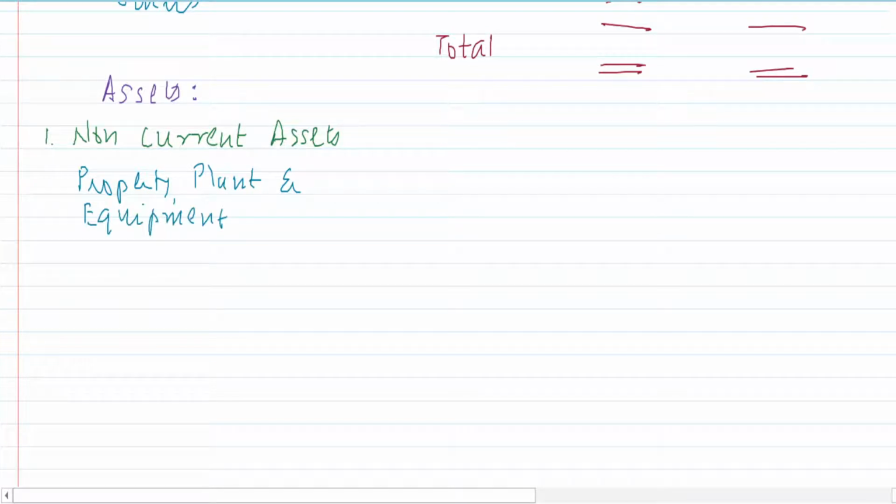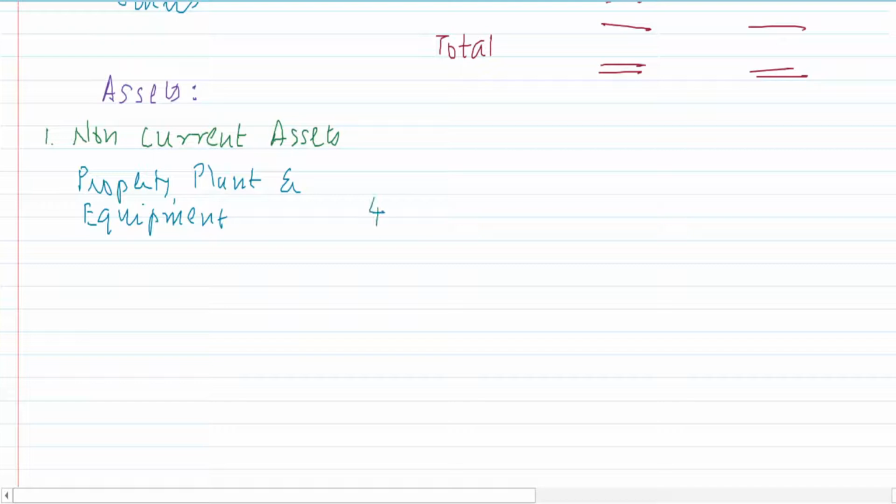It's time for the assets now. Assets. Under that, the first head, non-current assets. Under that, I say property, plant, and equipment. I will need a note for it.